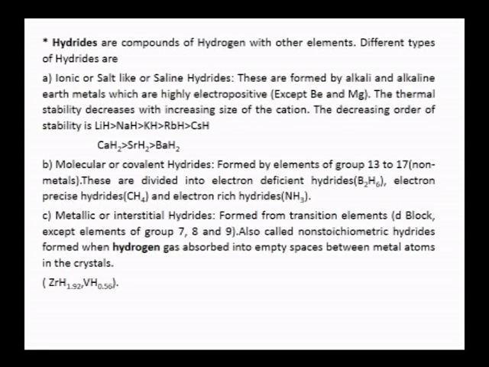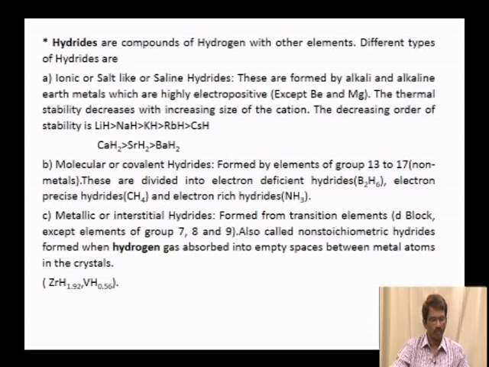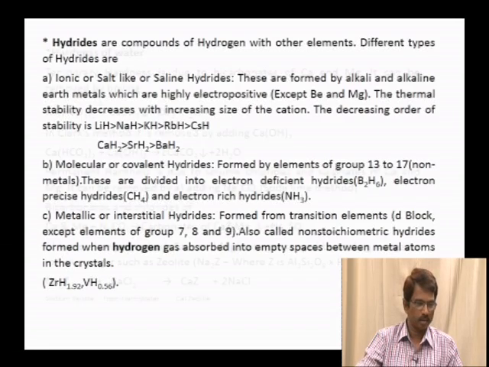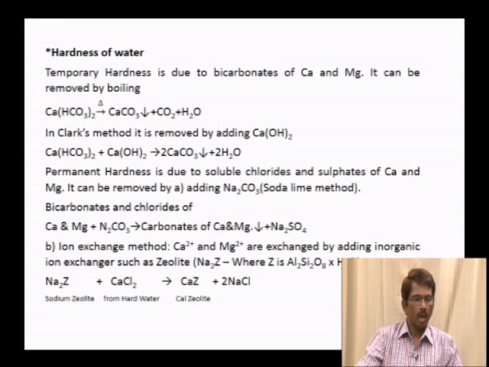Since the number of hydrogen atoms trapped differs from crystal to crystal, you cannot have a specific stoichiometry for the formula of these hydrides, and hence they are called interstitial hydrides.